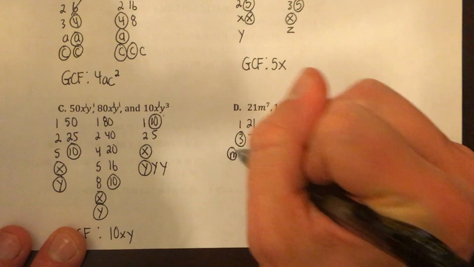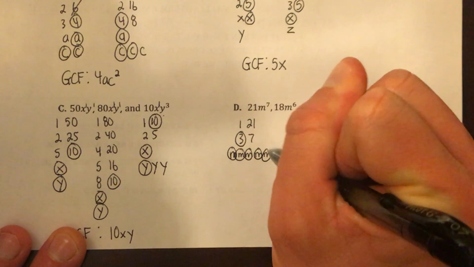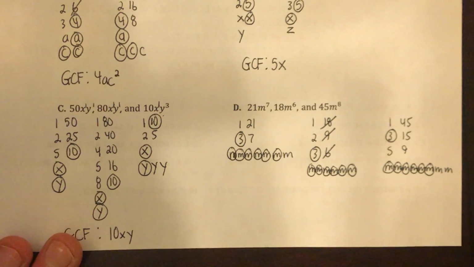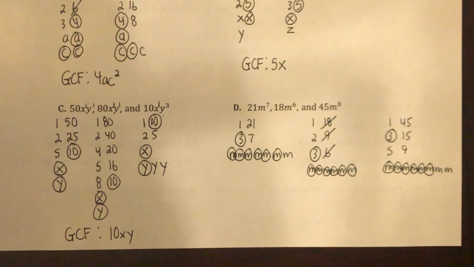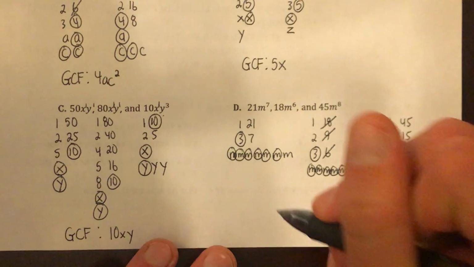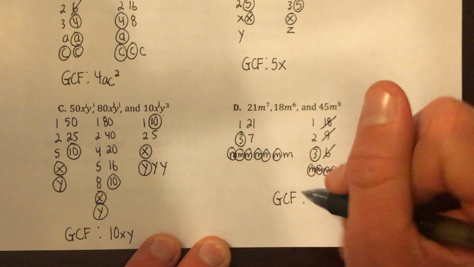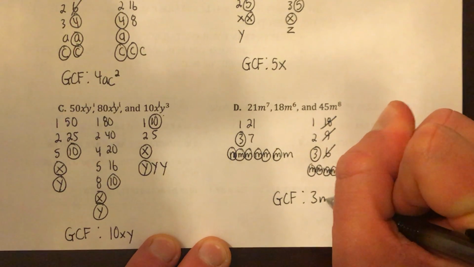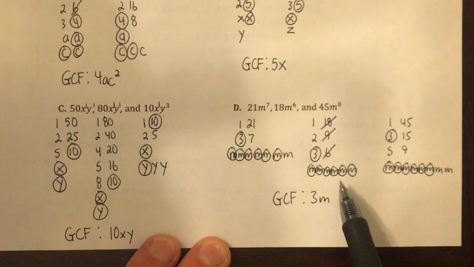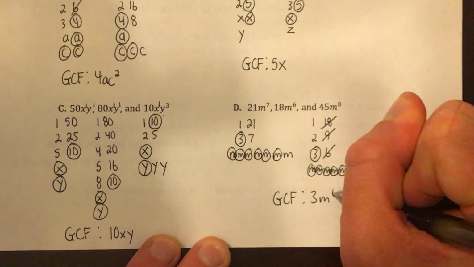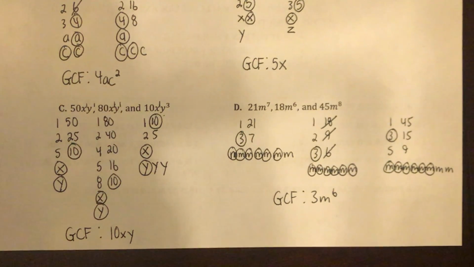And I can have 6 here. So 6 is my greatest amount of m's that is in all of the lists. So now I need to create my GCF. My number is 3. And then I've got an m. And how many of them do I have? Well, again, that was 6. So we have 3m to the 6th.